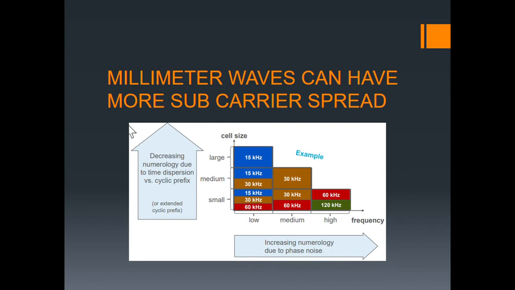And the cell size can be small, medium and large. And this is the relationship between them. Wherever the blue color 15 kilohertz is there, which is similar to the kind of scenarios of LTE, and all others are new ones like the coffee color, the red and green. These are the newer implementations for 5G.